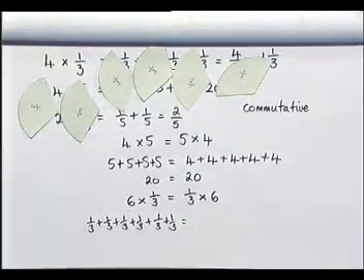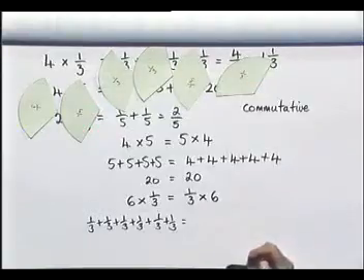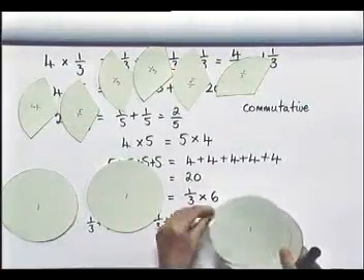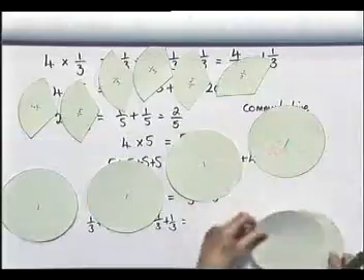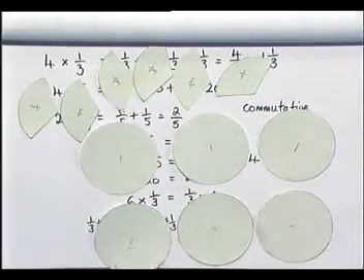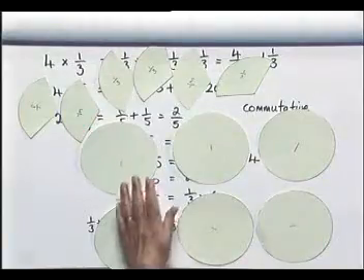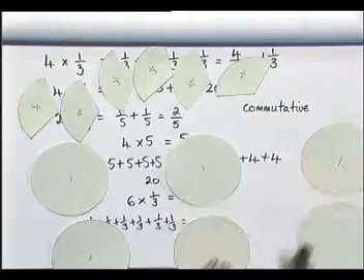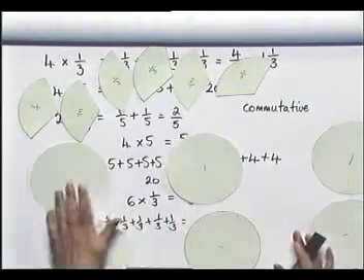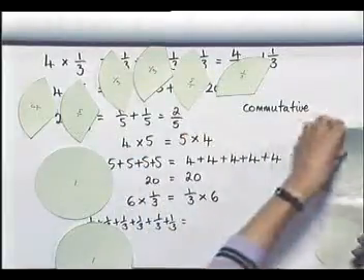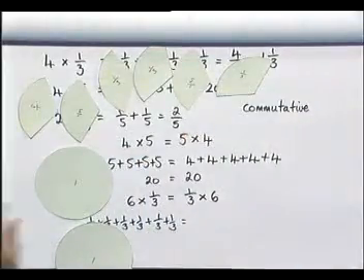And this side, I've got 1/3 of 6. So let's take 6. 1, 2, 3, 4, 5, 6. And I want 1/3 of that 6. So it's like sharing it out between 3 people. There's one person's, another, and another. I want 1/3, so I'll just remove the other 2/3.